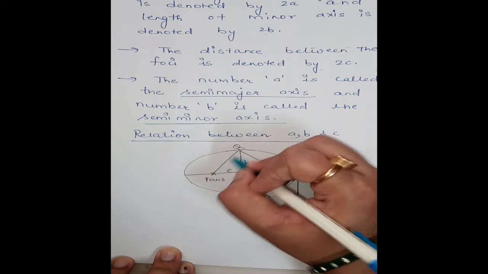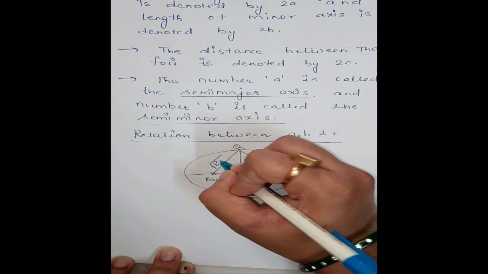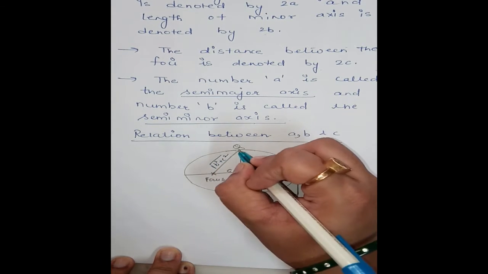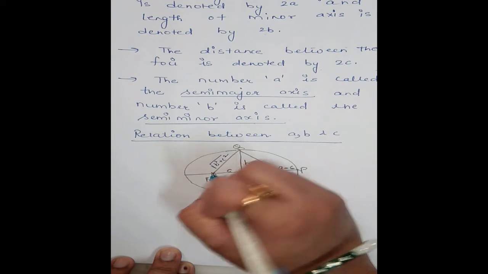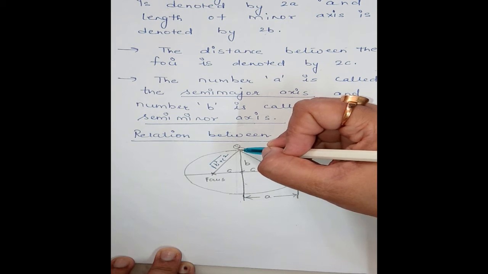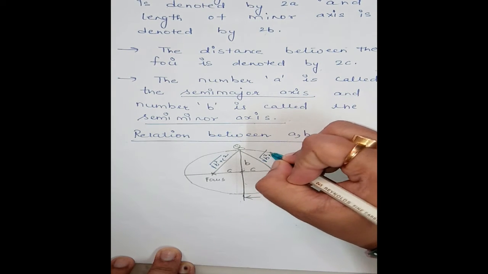Then this distance, with b and c as the sides, will be the square root of b square plus c square. The distance of Q from the first focus is the square root of b square plus c square, and the distance from the other focus is also the square root of b square plus c square.